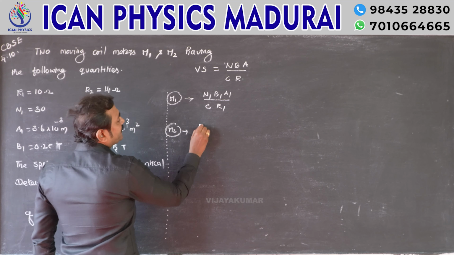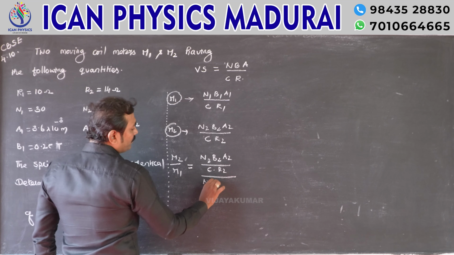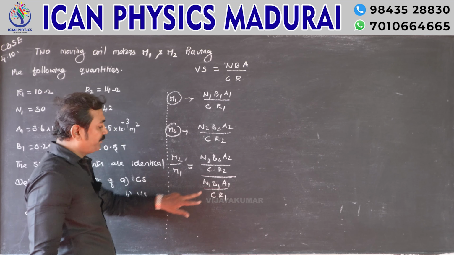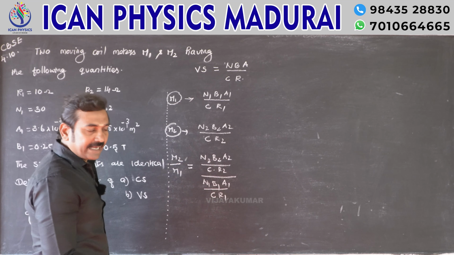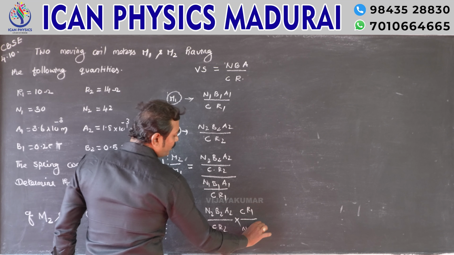But what are they asking? M2 and M1. So M2 by M1 equals N2, B2, A2 by C into R2 divided by N1, B1, A1 by C into R1. Now it becomes reciprocal: N2, B2, A2 by C into R2 into C into R1 divided by N1, B1, A1.